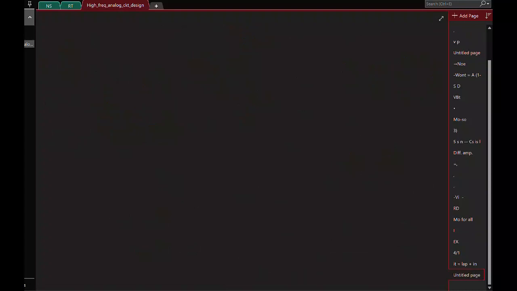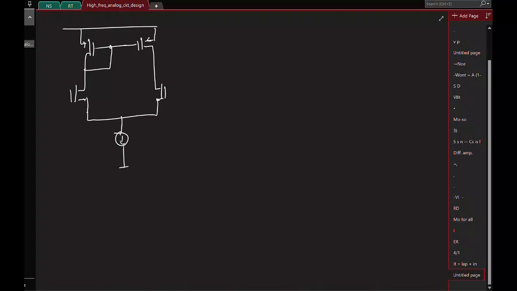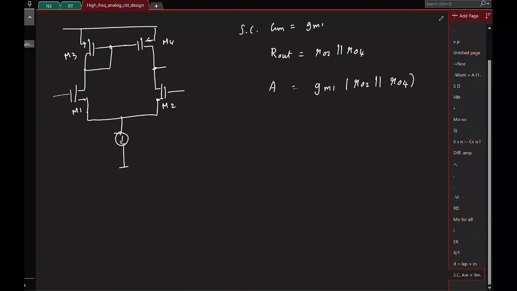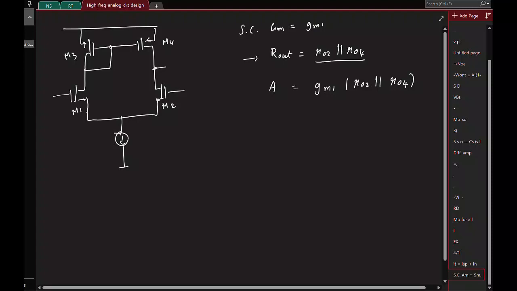Okay, so for this guy, the short circuit GM was GM1, where these are the transistor numbers, and the output resistance was R02 parallel R04. So the total gain is GM1 times R02 parallel R04.